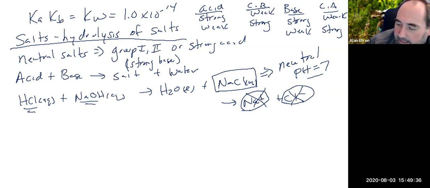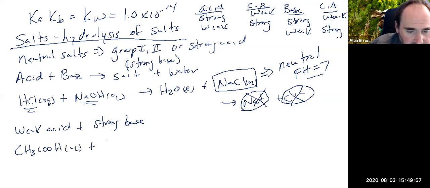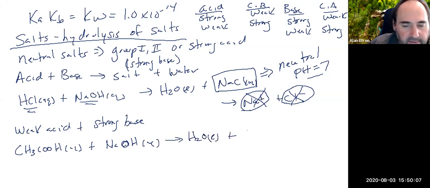Now, when we look at something that comes from a reaction of a weak acid plus a strong base, for example, if we take acetic acid, which is a weak acid, and we react it with sodium hydroxide, NaOH, we again are going to get water and a salt, which would be sodium acetate.